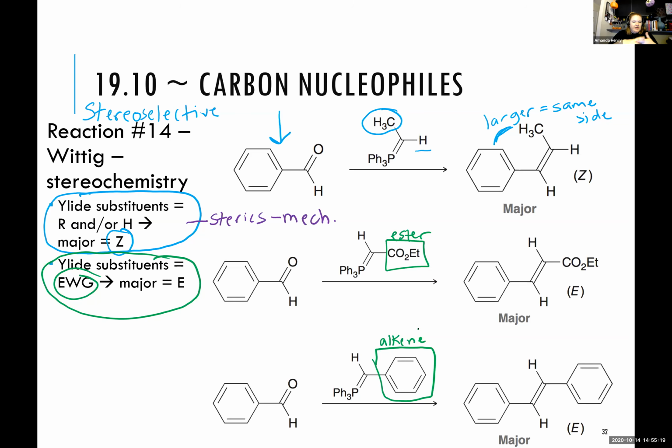The rules that we learned in our benzene chapter for electron withdrawers and electron donators still apply. Those weren't specific to the benzene chapter. Those stick with us. The rule for this is that our major product will be E. That means that the electron withdrawing group on the ylid and the larger substituent on the carbonyl will be opposites.